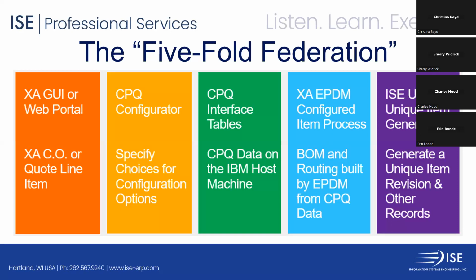Our unique item generator can then run on one or more of those CO line item records, and it will end up giving you a unique item revision and all the other records, the enterprise item, the item revision base prices, the BOM and the routing for the unique item revision, a brand new CO line item that references that unique item, and of course, any secondary extension tables, user fields, and whatnot can be populated as well. So we believe this completes and supplements and extends and standardizes the integration.